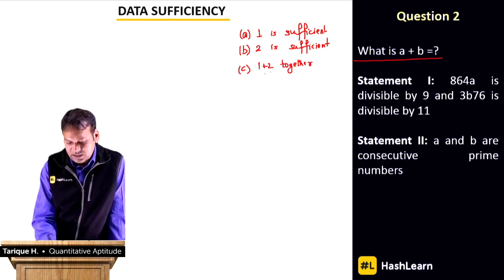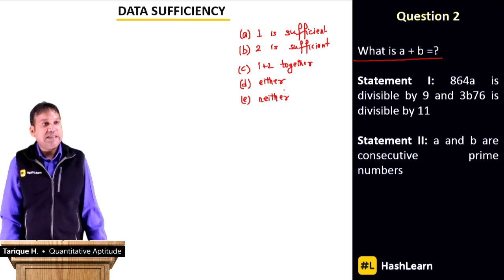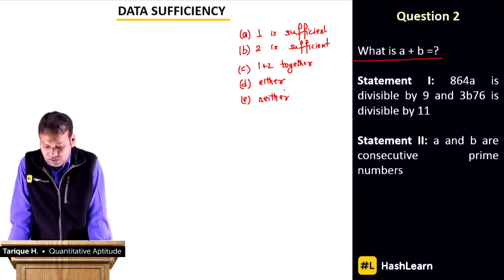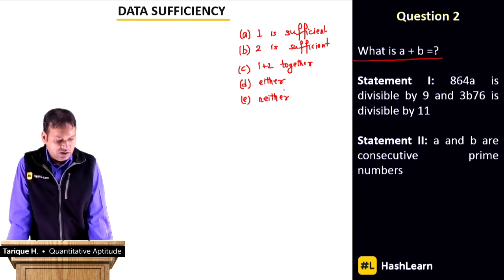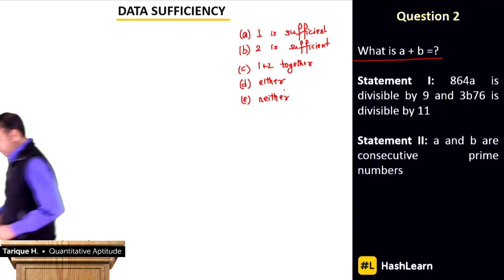You'll post the answer as D if you believe that either is sufficient. And E when we cannot solve, neither are sufficient, not even together. Okay, so A, B, C, D and E. So solve this question. The question is on the screen for you. Use your pen and paper, work it out and post the answer in the comment section.